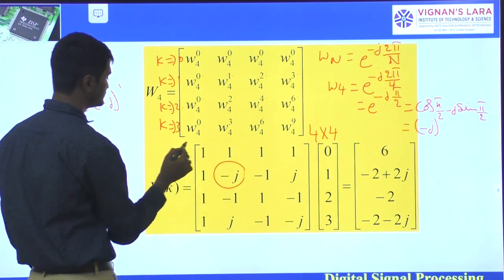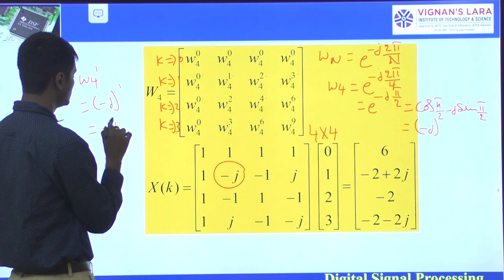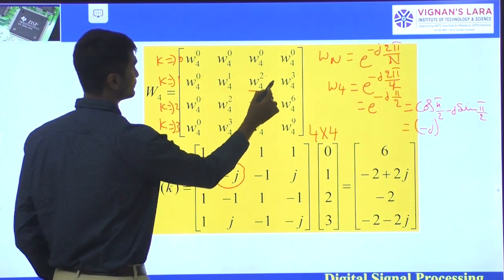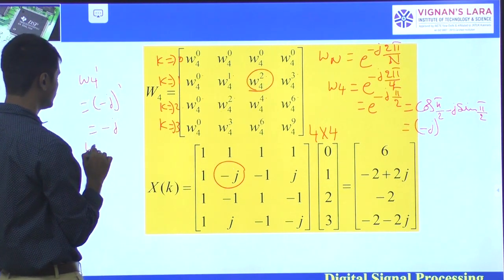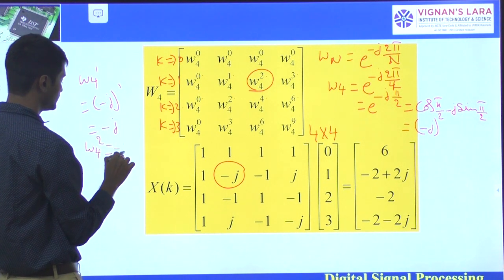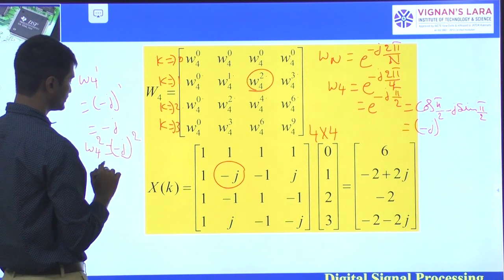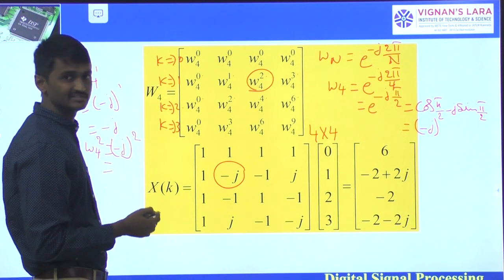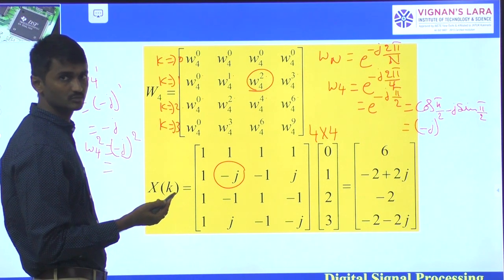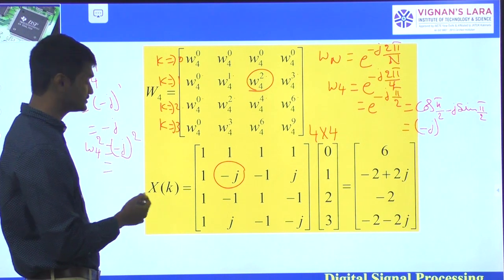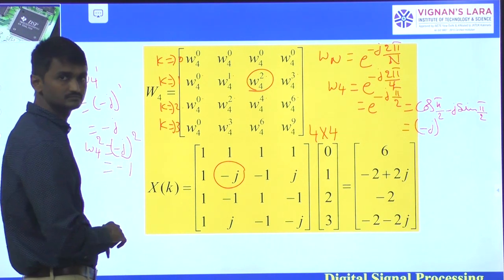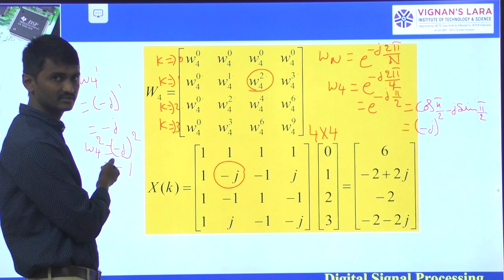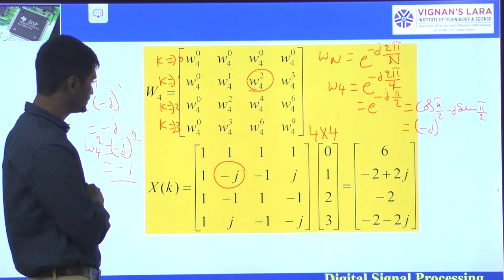It is minus j only. Next, omega 4 power 2. So omega 4 power 2 is minus j whole squared. Minus j into minus j, that is j square, and we know j square is equal to minus 1. Minus into minus is plus, so here it is minus 1. J square is minus 1 and minus minus is plus, so minus 1 will be there.